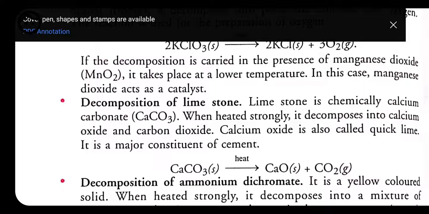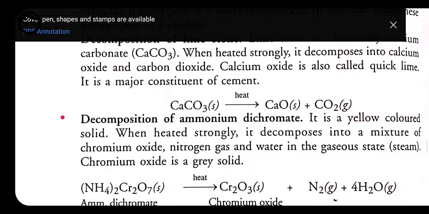The common name of calcium oxide is quicklime. You people should know these names, common name and chemical name, because this type of question may also be asked. And it will give rise to calcium oxide plus carbon dioxide. So here also the decomposition of one substance into two simpler substances takes place due to the presence of heat. So again it is called thermal decomposition reaction.